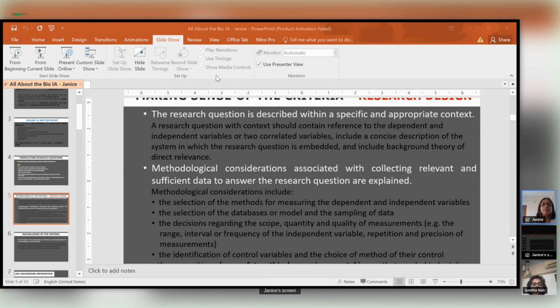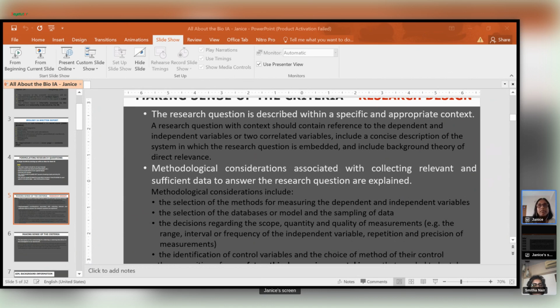Now, this is the first aspect, which says that it should be described within a specific and appropriate context. Now, you know what is context. When you have taken a topic, you have to have an independent variable and the dependent variable, and the background information should be appropriate or relevant to the topic that you have taken. It should be in context.